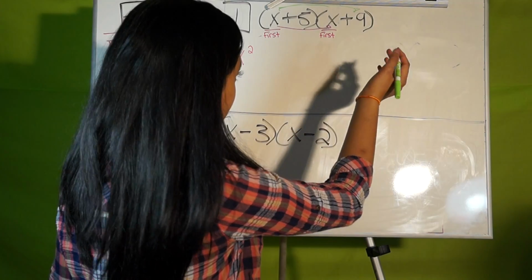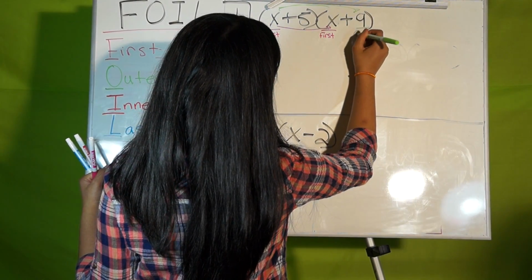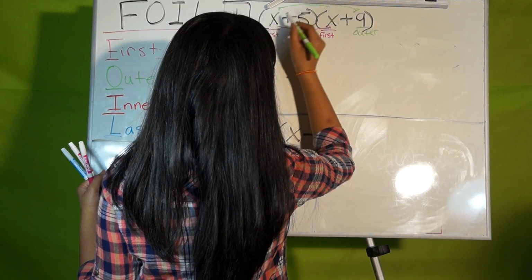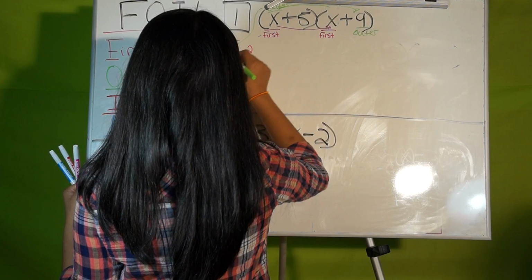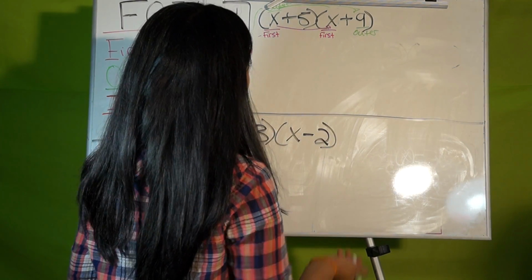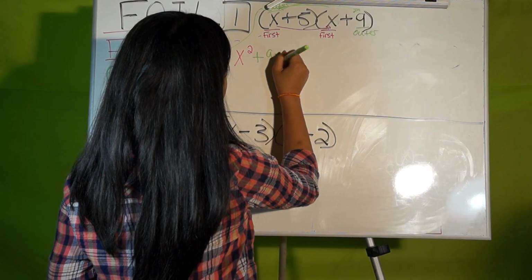X times 9, so that means we got out. That is our outer. Yay, we got out. So this x times 9 is positive 9x.